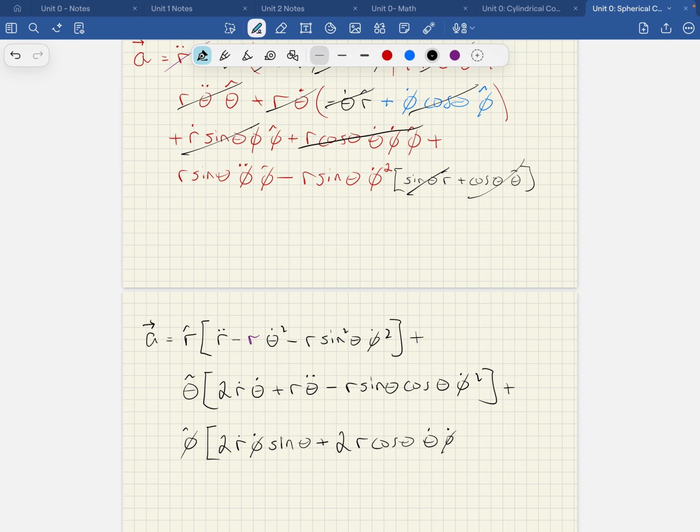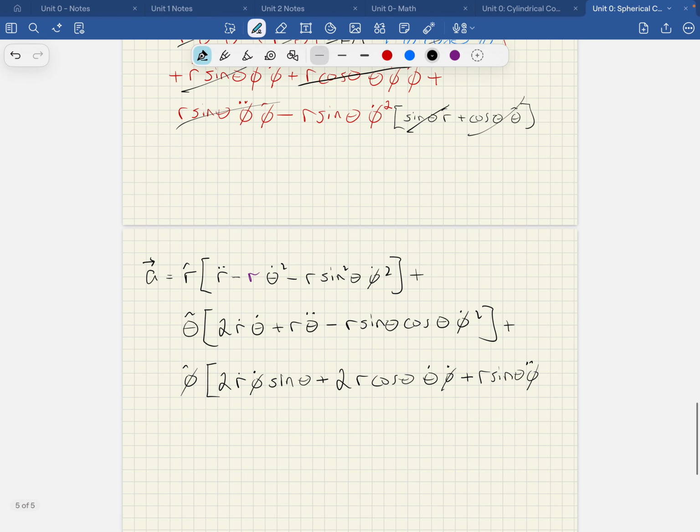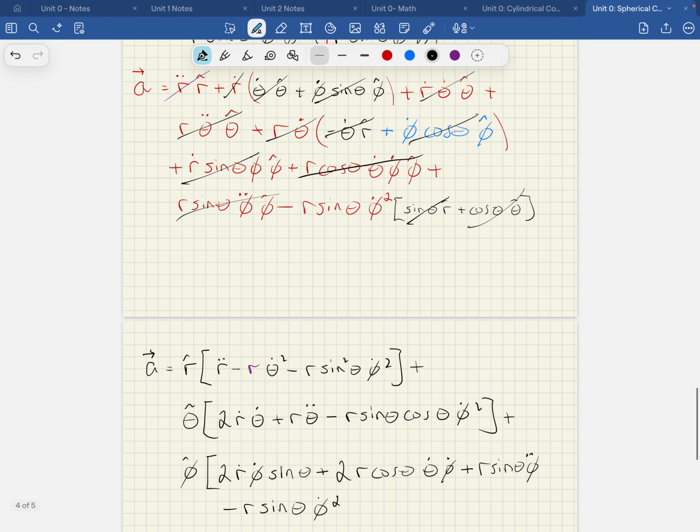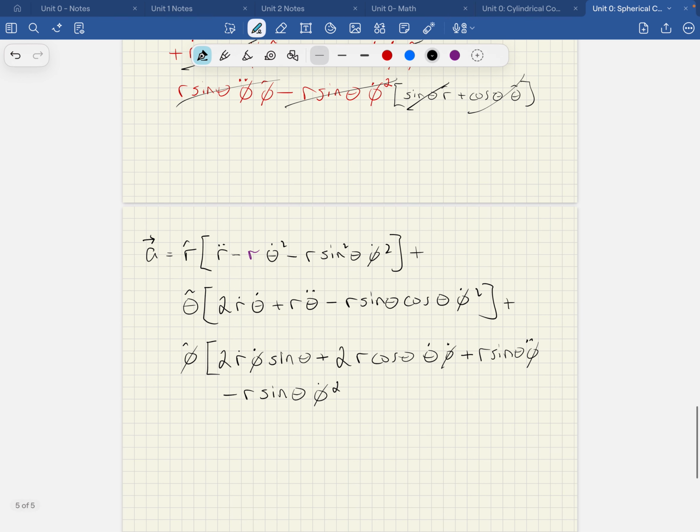And then we've got an r sine theta phi double dot, which takes care of that one. And we've got a minus r sine theta phi dot squared. No, we don't. This term was already taken care of. Good. I was wondering where that was going.